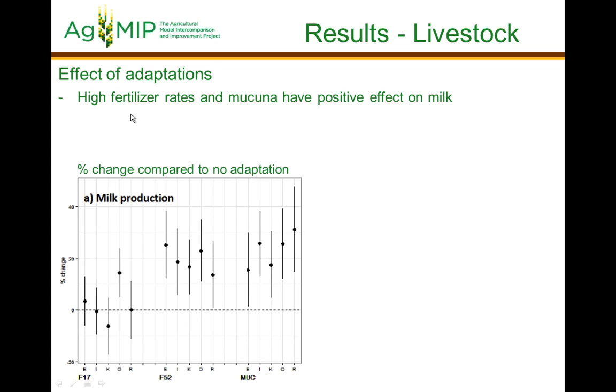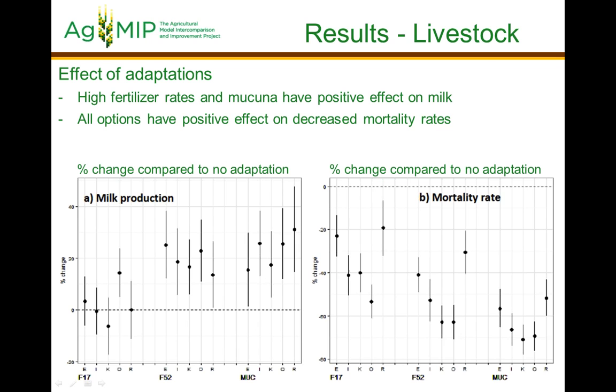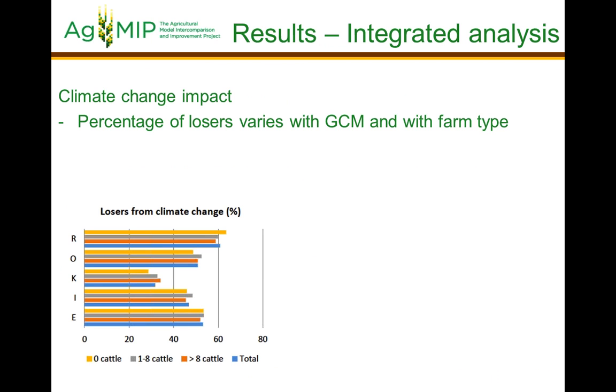When we look at the adaptation options, however, we see that the fertilizer rates have an impact on increased milk production. Those increases are especially high for the recommended rate and for the option with mucuna. And then when it comes to mortality rates, we see that with the microdosing, we get a decrease in mortality rates, and that decrease is even stronger with the recommended fertilizer and with the mucuna option.